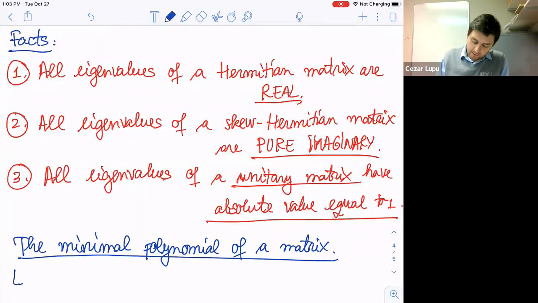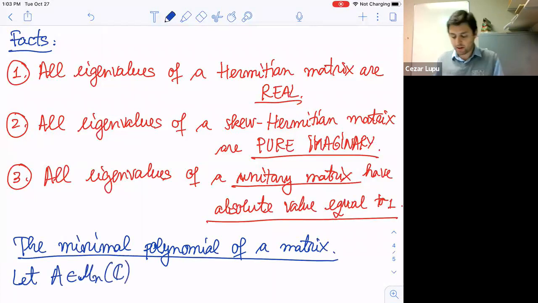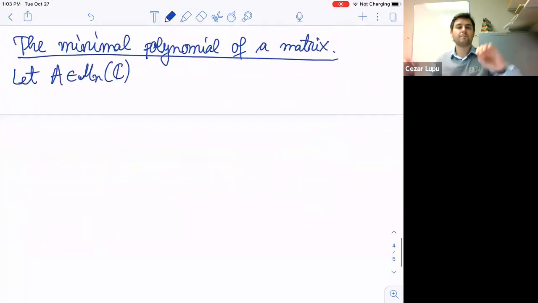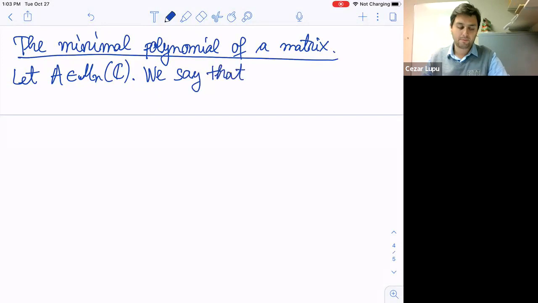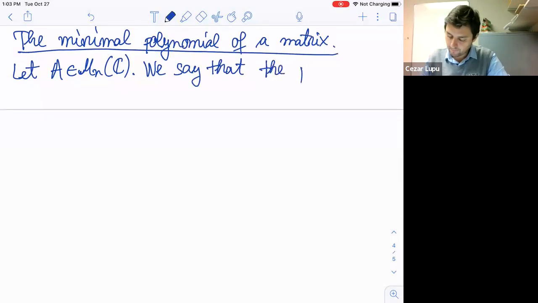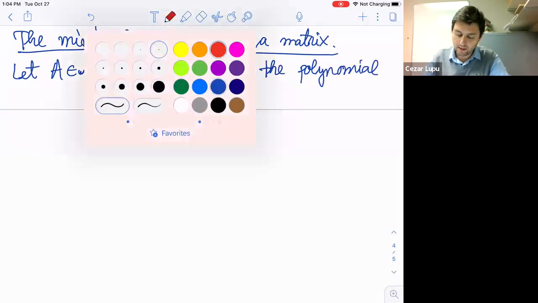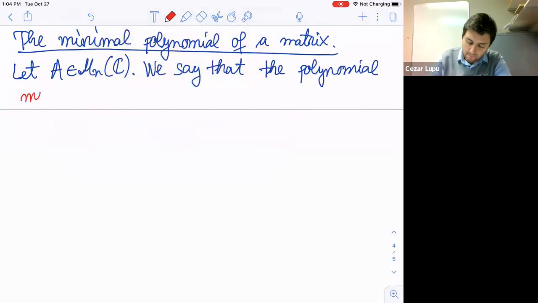So let me consider a matrix A. This would be an n by n matrix with complex entries, right? And we'll define it in this way: min A of A, or you can write it M of A if you want. This is the same thing.